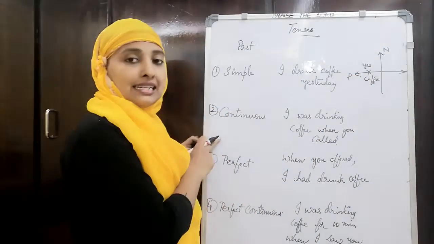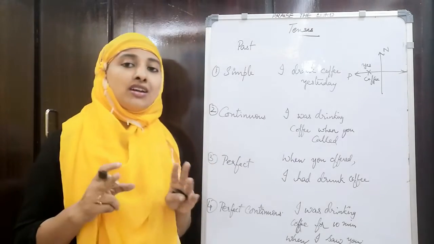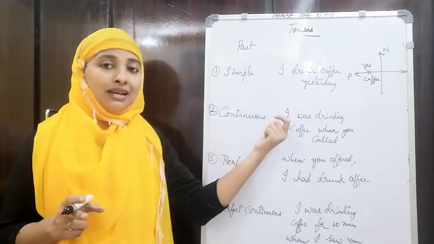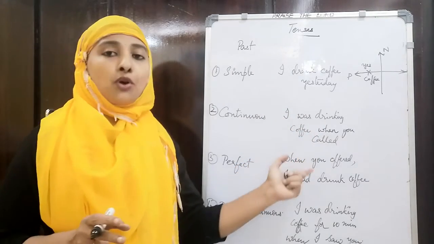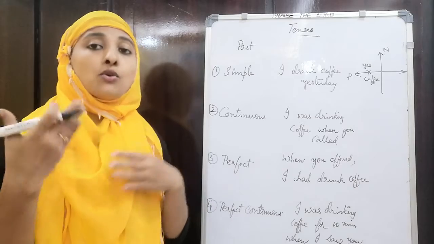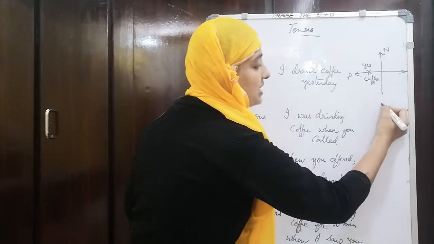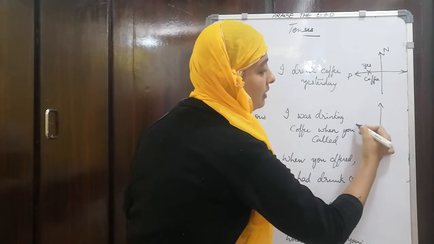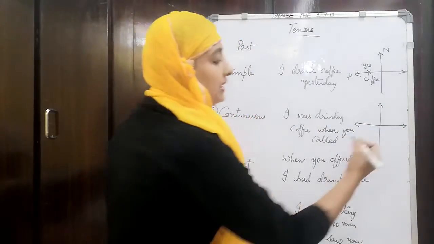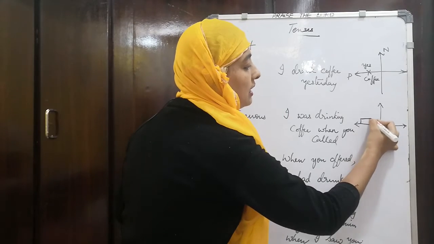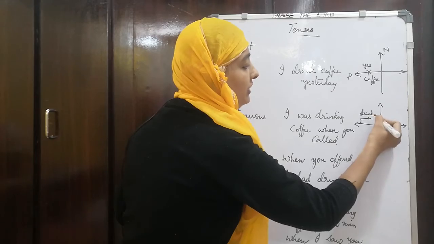Now continuous tense, when we are talking about 2 events, say I was drinking coffee when you called. So it was an ongoing action. So I was drinking coffee, in the past, an action which was actually happening. Like I was still drinking coffee.